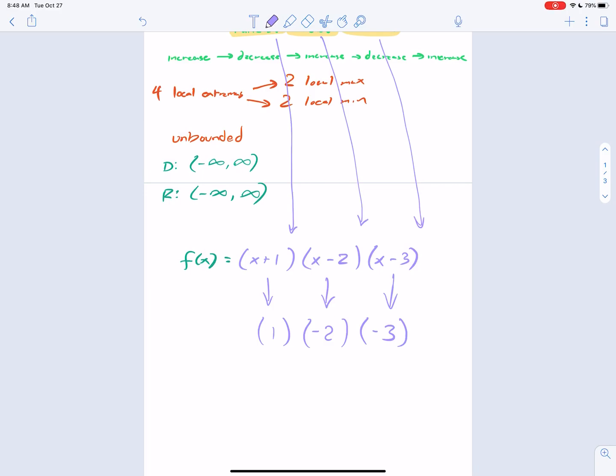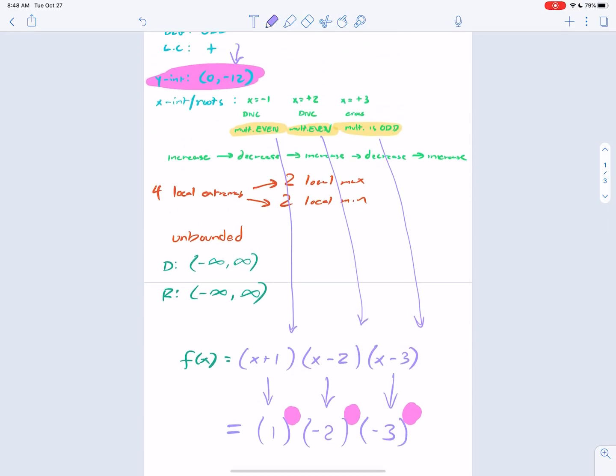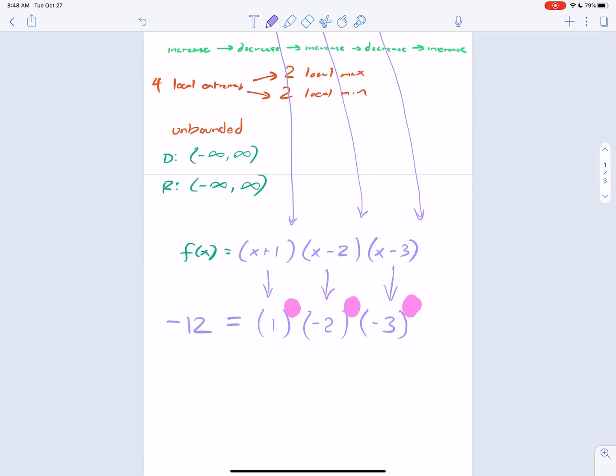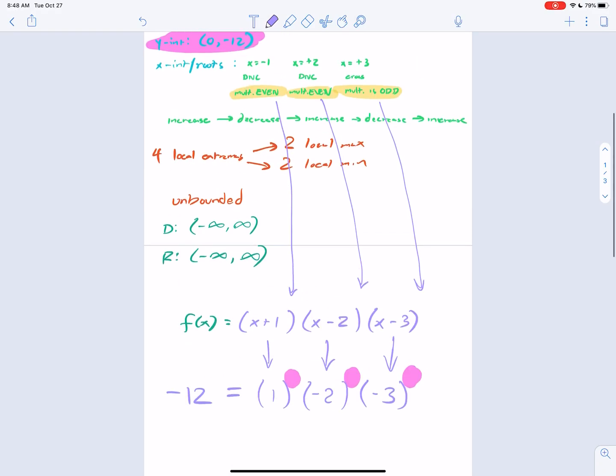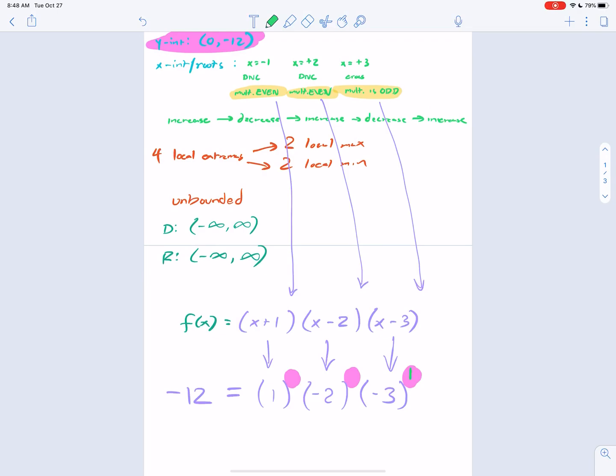I don't quite know what goes up here yet. But I do know that this has to come out to negative 12. So, I know that the multiplicity for x minus 3 has to come out odd. So I'm just going to go ahead and guess that this should be a 1.